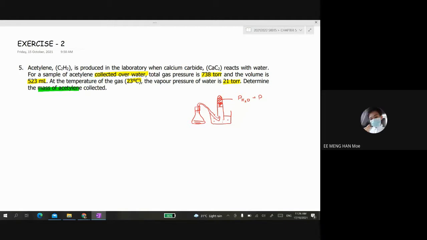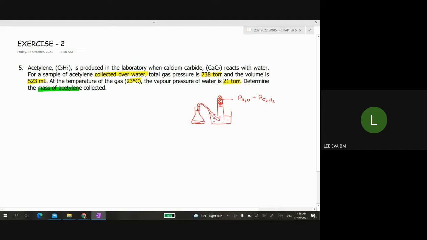Acetylene. You only get one gas over here. The sample is already set for a sample of acetylene. So besides your vapor pressure of water, your H2O gas, we also have the acetylene, C2H2, which is our target.